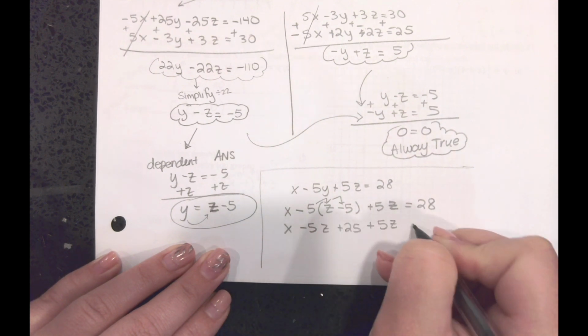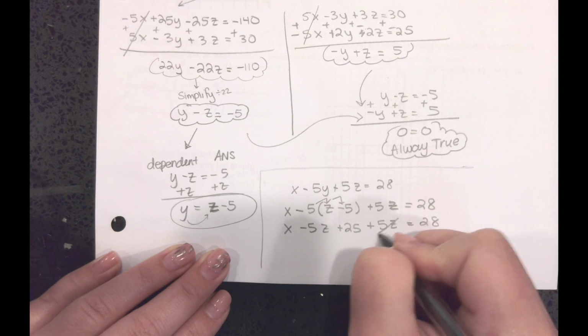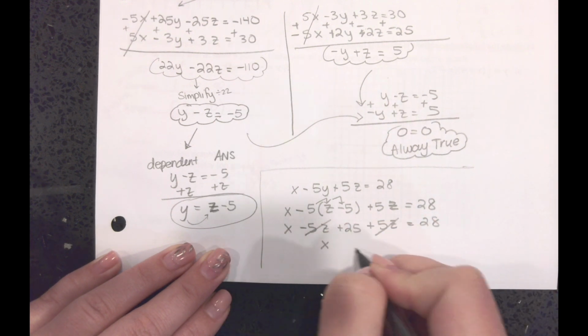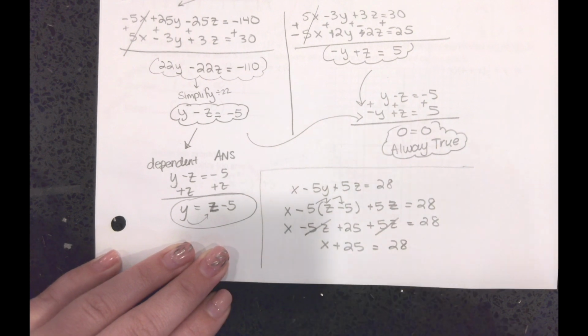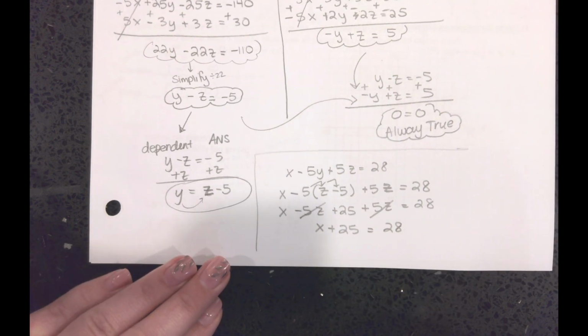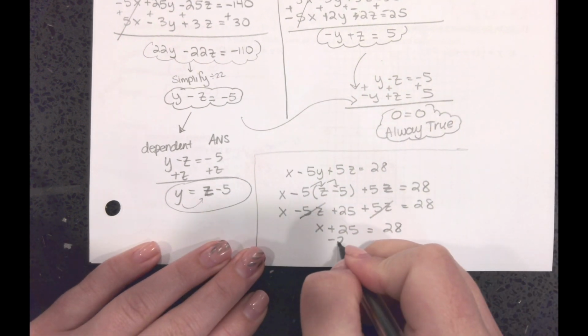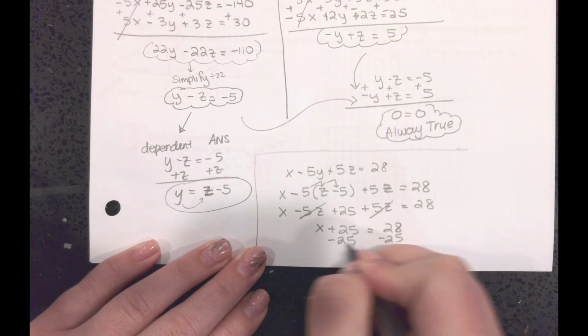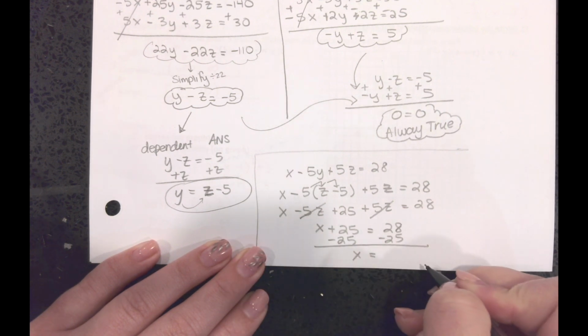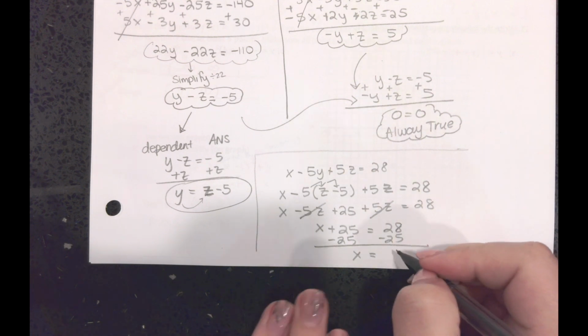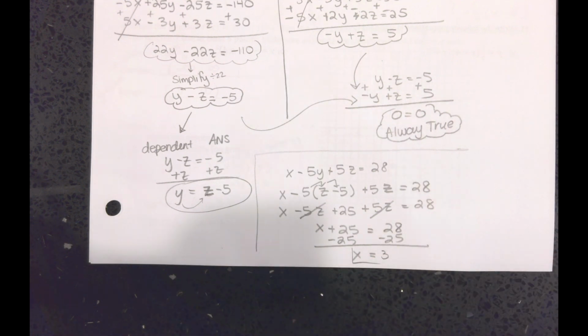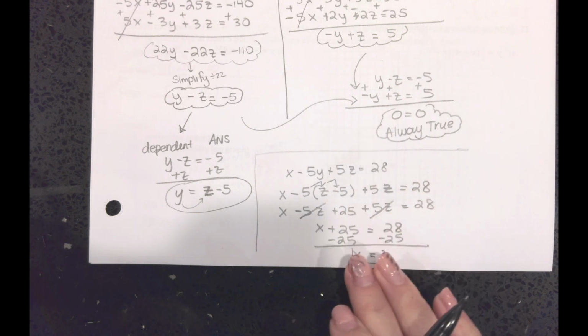Notice what happens. Z's go away. Doesn't always happen that way. Sometimes it happens that way where you're left with just x. But x can also be dependent on z. There's nothing wrong with that. Subtract 25. I think we're getting a value for x. 28 minus 25. I used a calculator for that. That's silly. And we have that x is 3.